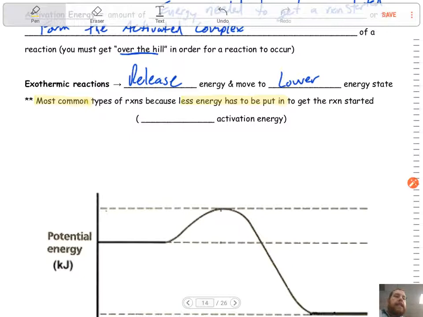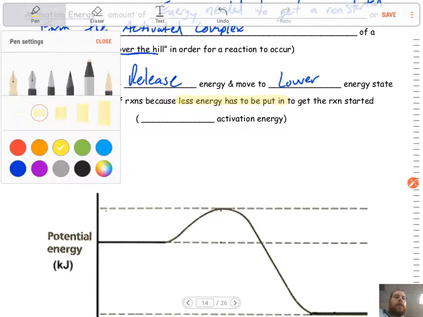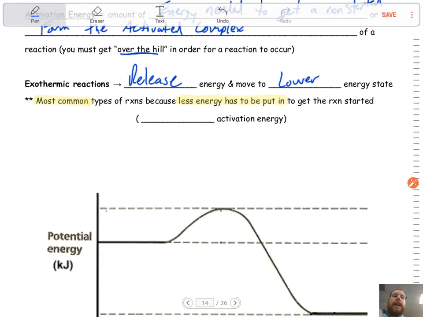That's the key there. Atoms, particles, reactions, guys, they're all lazy. We've talked about it throughout the year. Just like we are as humans, would you rather run a marathon or stay in bed? The overwhelming majority, 99.9%, would say, I'm going to stay in bed. Same idea here: they want to put in the least amount of energy to get the reaction to go.